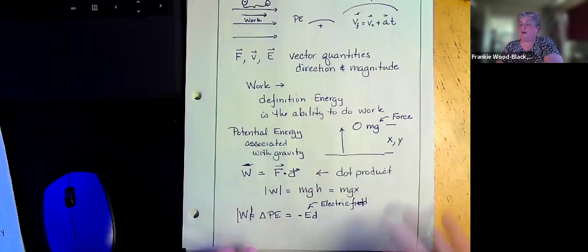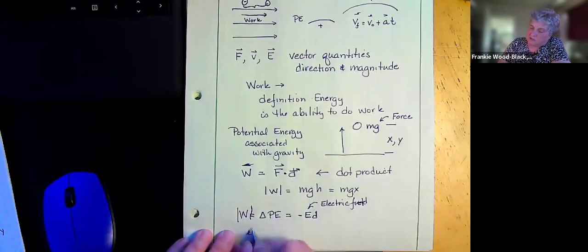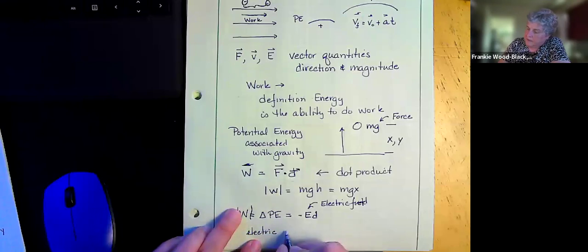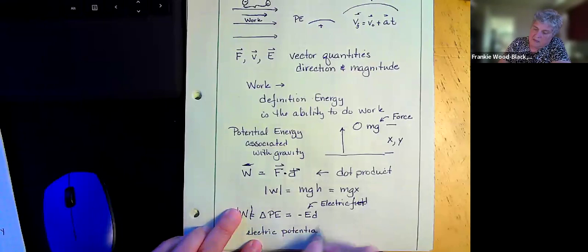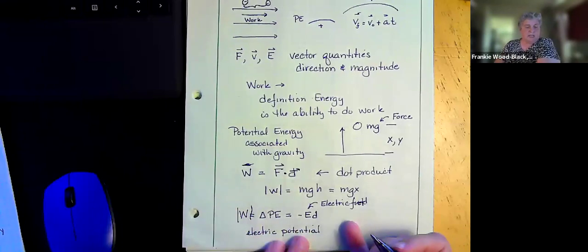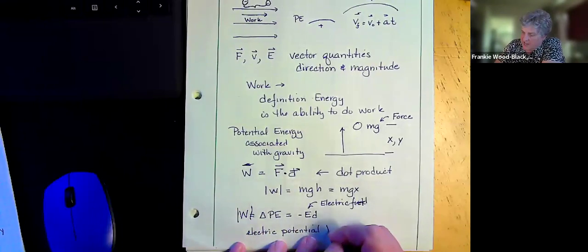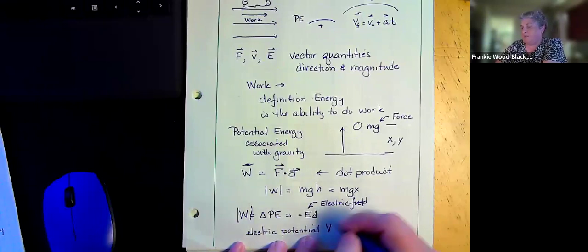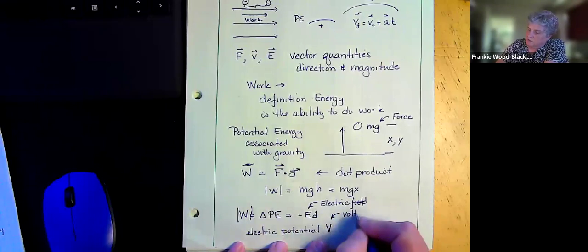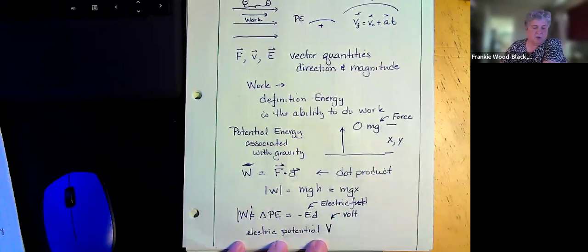And so we can define electric potential. We're going to define electric potential as a V. And this is where life gets kind of entertaining. Our electric potential is going to be a volt. All right. It's going to be a volt.